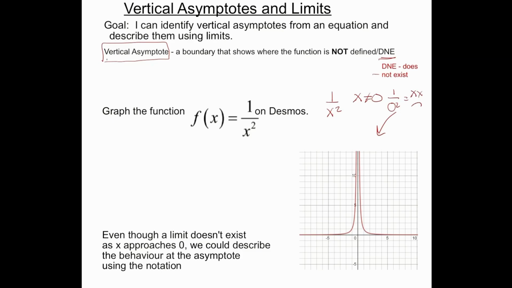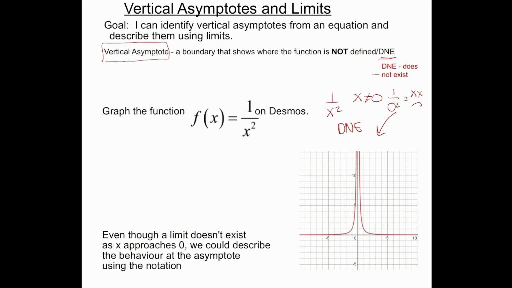Remember, we can't divide by 0. There it does not exist, or it's undefined. So we would say that the limit here does not exist when x equals 0. But let's think about what's happening as x gets closer and closer to 0.